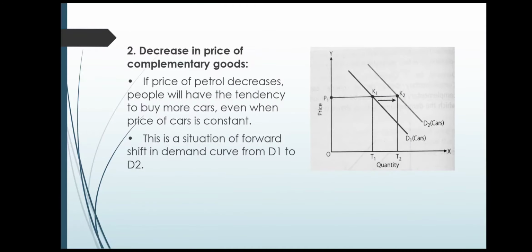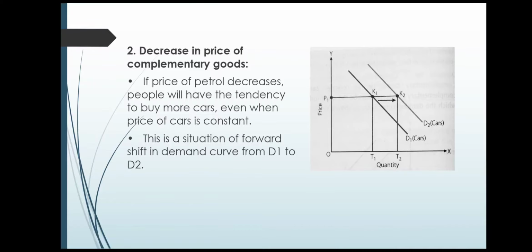The second case is decrease in price of complementary goods. If price of petrol decreases, people will have the tendency to buy more cars even when price of cars is constant. This is a situation of forward shift in demand curve from D1 to D2.